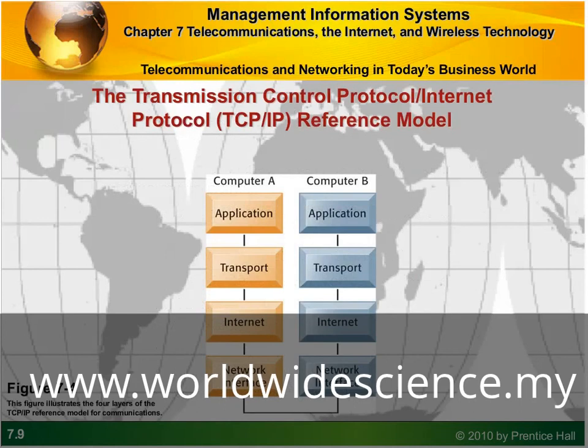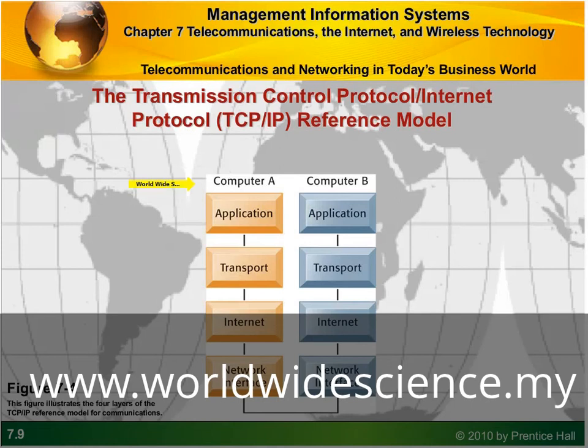You can see these layers here in this slide, the TCP/IP reference model. In computer A, we have these 4 layers. Also in computer B, we have the same layers, and these two computers are going to be connected.